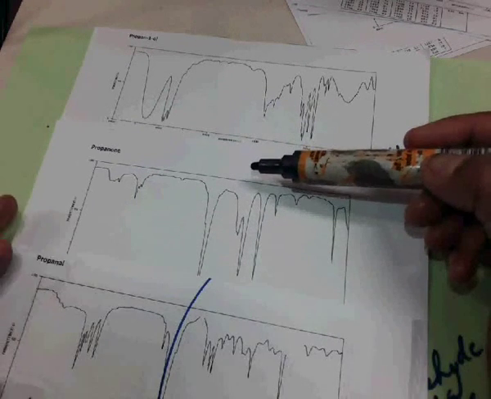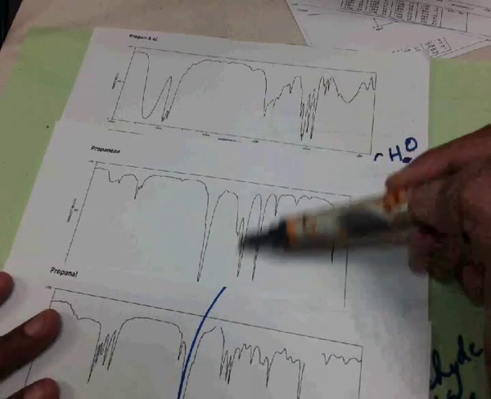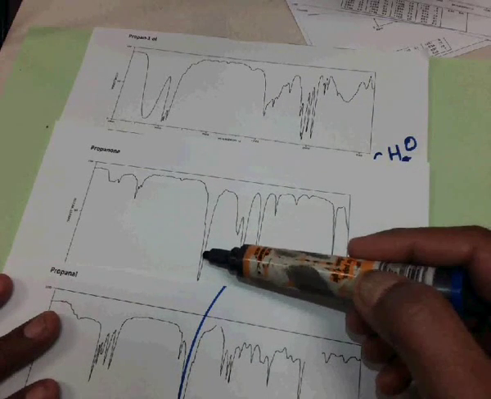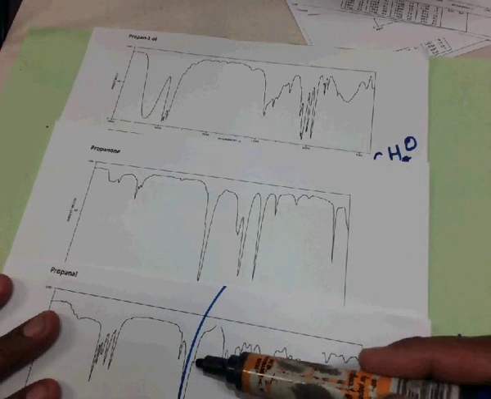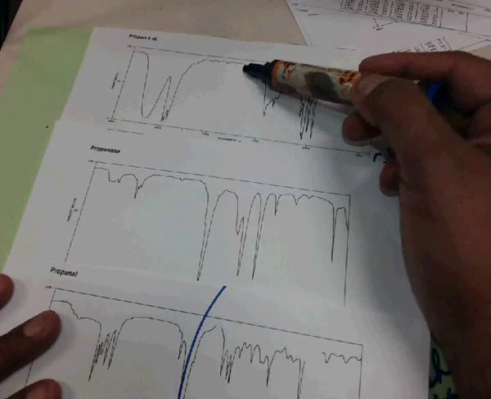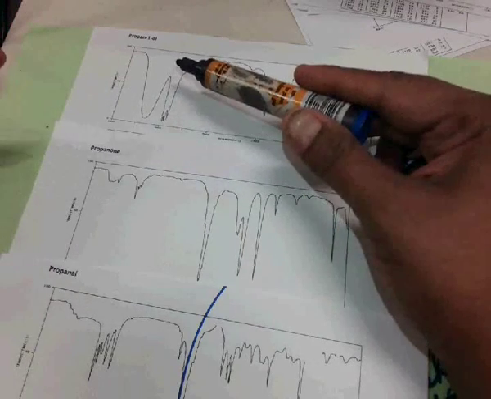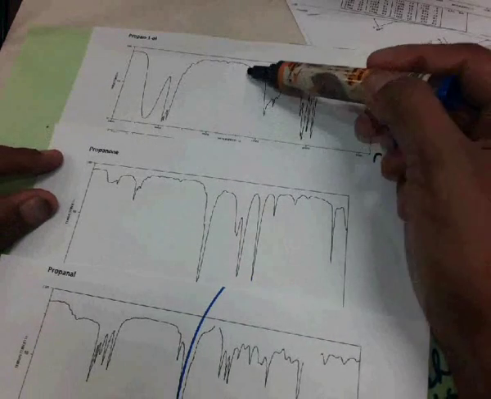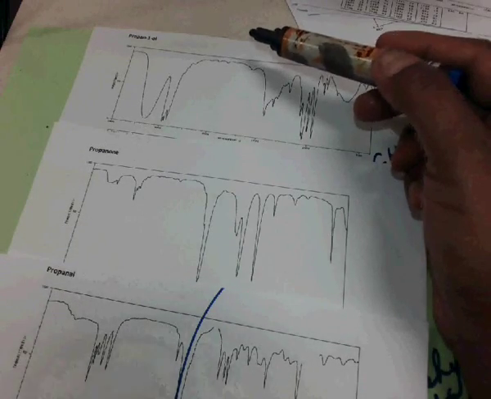Another very defining difference between these 3 groups is that you have a C double bond O stretch for the ketone and for the aldehyde, but you do not have it for the alcohol. So there's a presence of a broad peak confirming that it's an alcohol, but there's the absence of the C double bond O, so it definitely cannot be a ketone or an aldehyde.